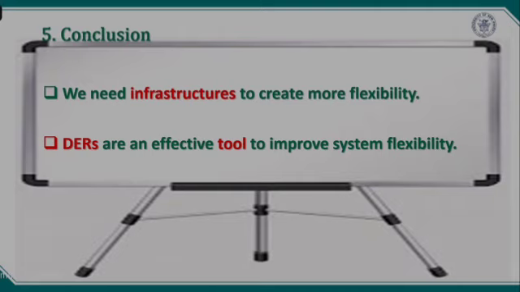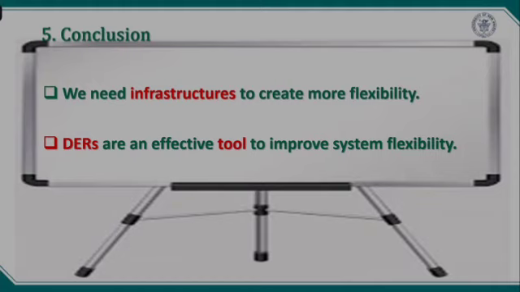And this, as I said before in the previous slides, you can see the main infrastructure, and the best one is microgrids in order to use these flexible distributed energy resources.